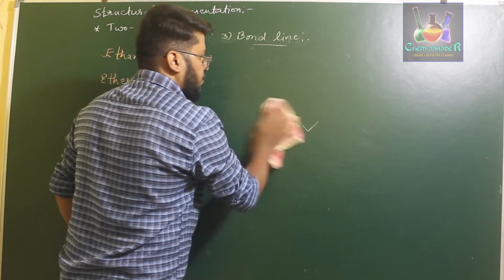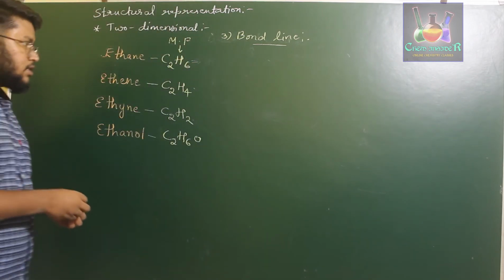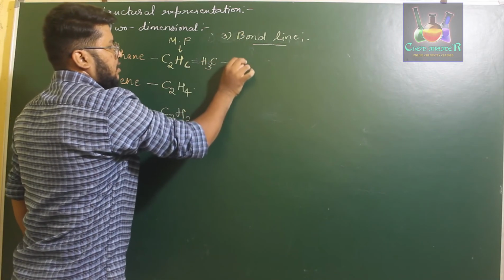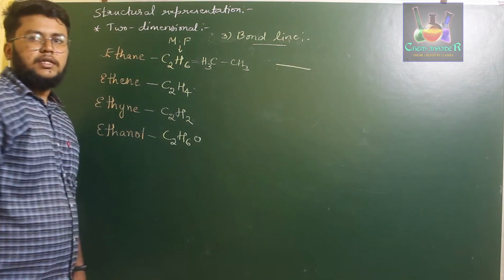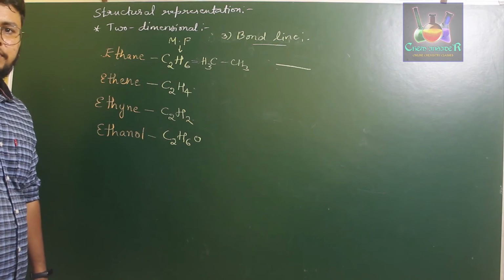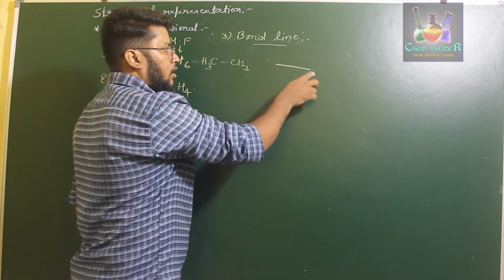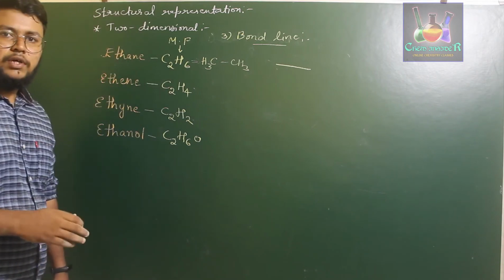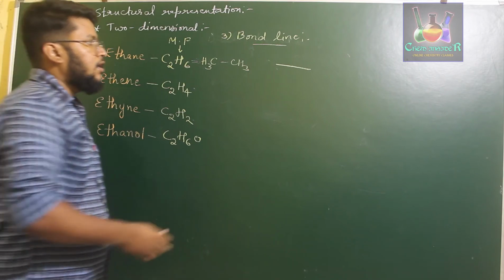So first we'll write down these four basic structures of organic compounds. The first one is C2H6. So what we did was CH3, CH3, right? This can be written as a line, where one terminal indicates a CH3 and the other terminal indicates a CH3. But usually we won't write it as a particular line.